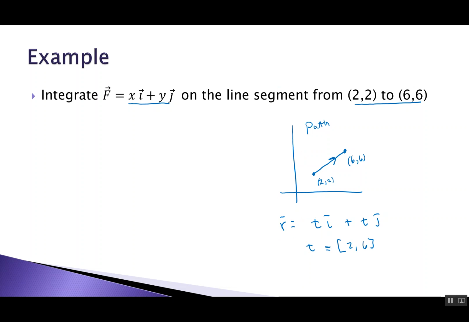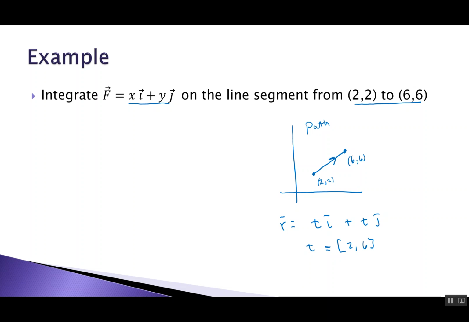That's not the only parametric equation for this, but that's an easy one to use. And as long as we have some parametric equation that's correct, we'll get the same answer. So if you come up with a different parametric equation for the path, you will still get the same thing in your line integral, as long as it's a correct parametrization.